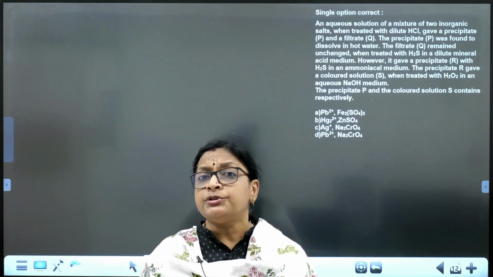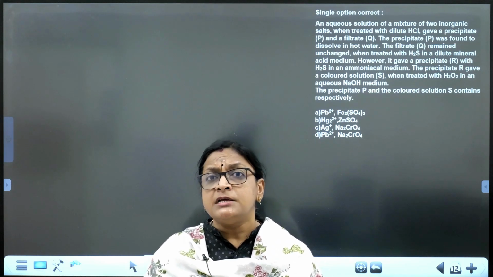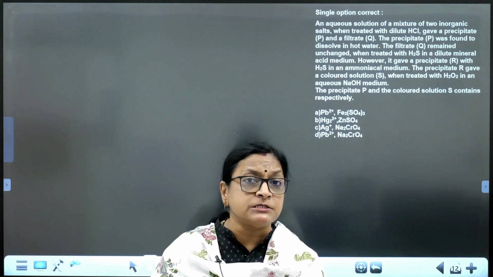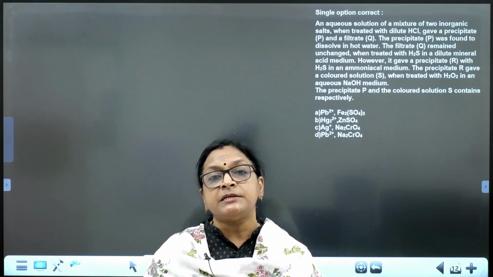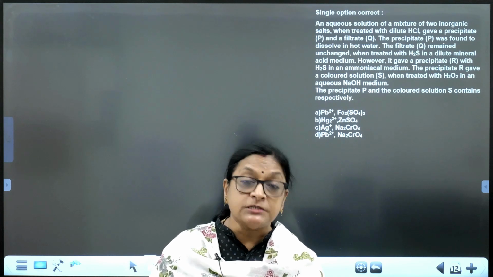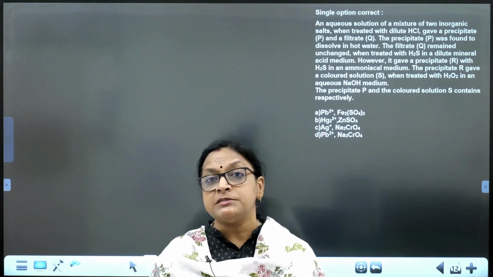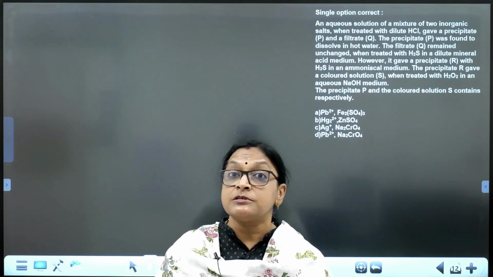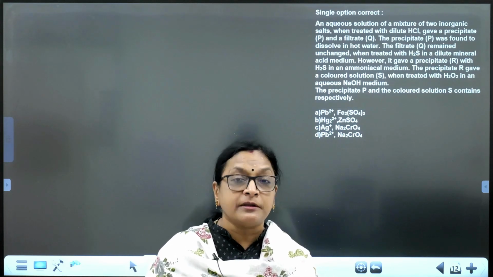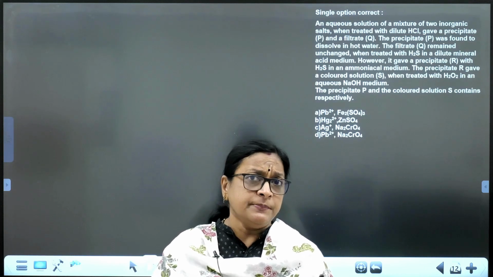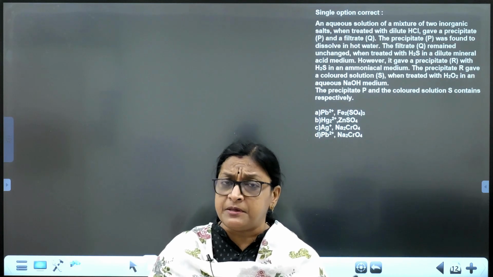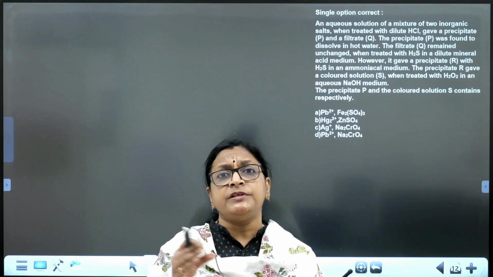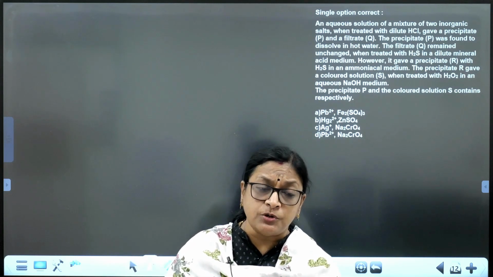As we know, the group 1 cations are silver Ag+ because AgCl is sparingly soluble, Pb2+ because PbCl2 is sparingly soluble, or mercurous ion Hg2 2+ because mercurous chloride is sparingly soluble. It can be an Ag+ salt, a Pb2+ salt, a mercurous salt, or any of these whose chlorides are water insoluble.